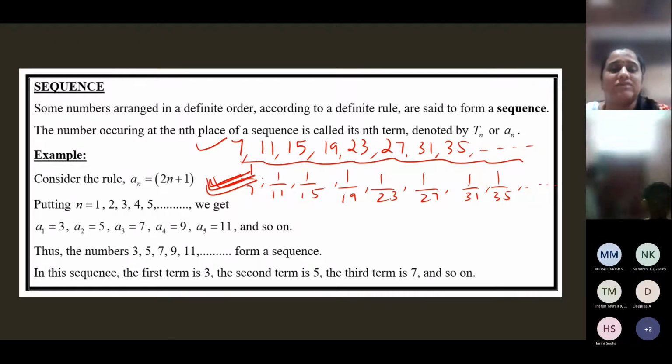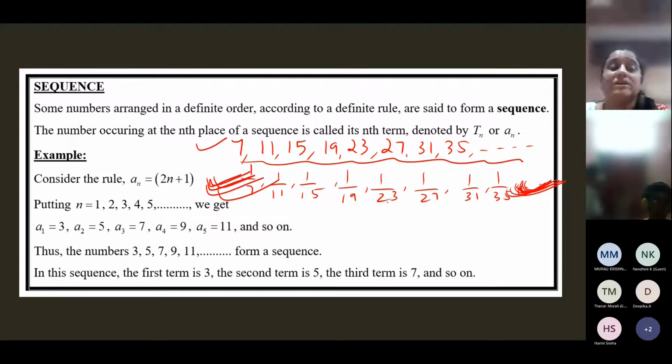So that means the second sequence is in harmonic progression, because the sequence formed by the reciprocals is an arithmetic progression.